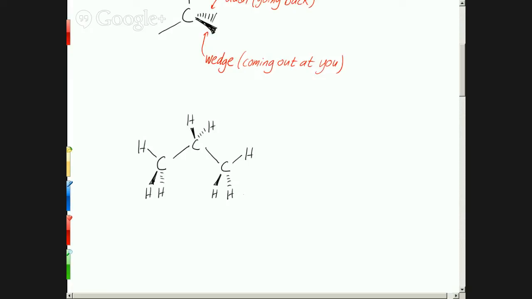And this is what we would call the 3D, or dash-wedge, structure.